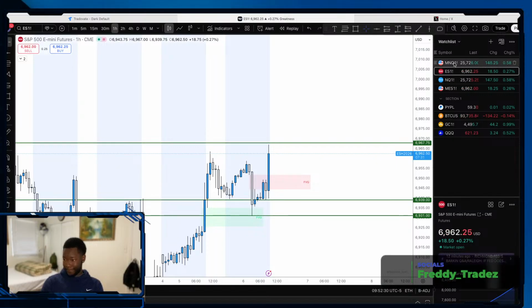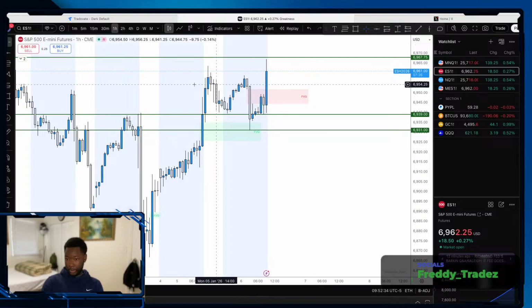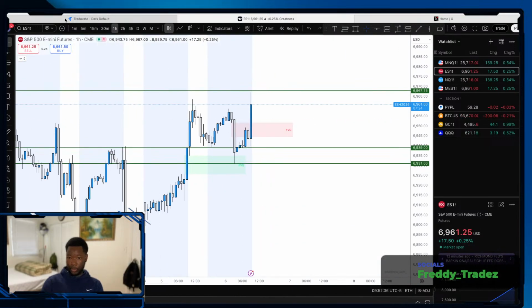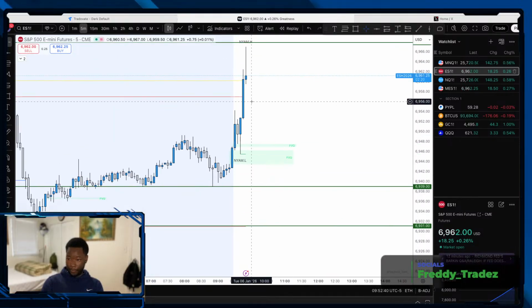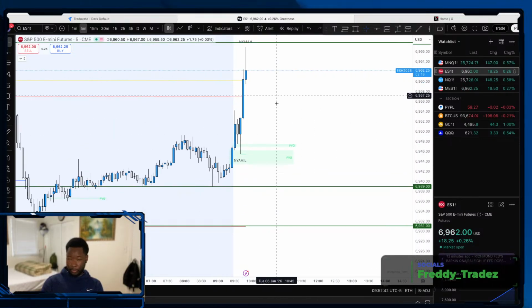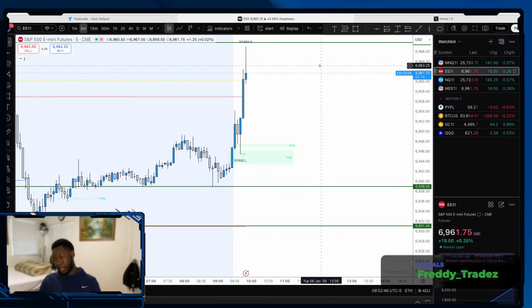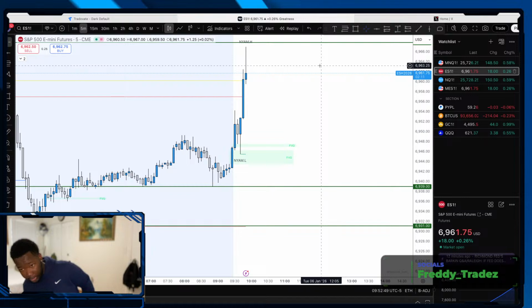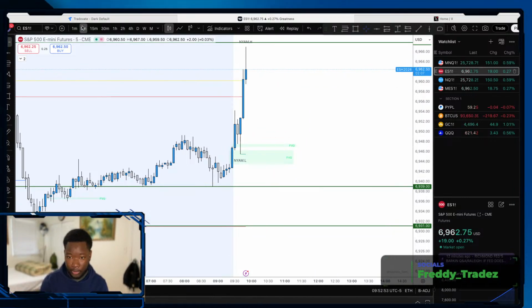So gotta wait for a pullback, and where will that pullback be? And how much will it pull back is gonna be the challenge now. Don't want the pullback to happen and then your stops get hit and then we continue higher. That's what usually happens, but if you're not sure where to place your stops and whatnot.